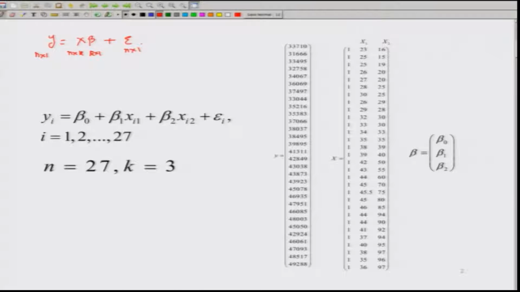So now in this case you can see that here n is equal to 27 and k is equal to actually 3 including the intercept term.